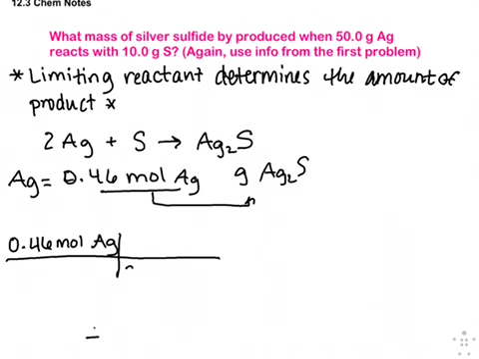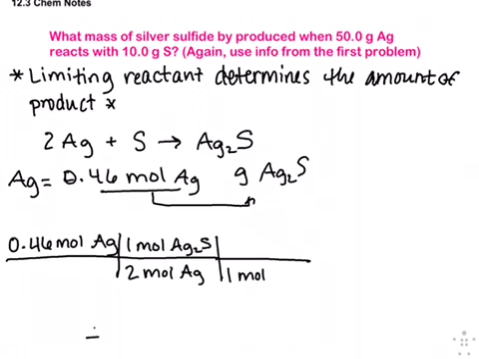And we have 2 moles of silver to 1 mole of silver sulfide, and 1 mole of silver sulfide to the mass of silver sulfide, which would be 247.87 grams of silver sulfide.